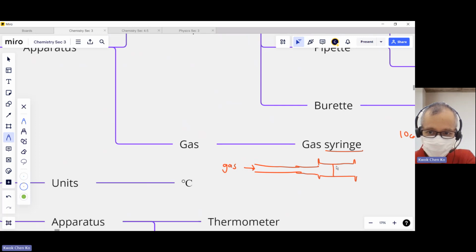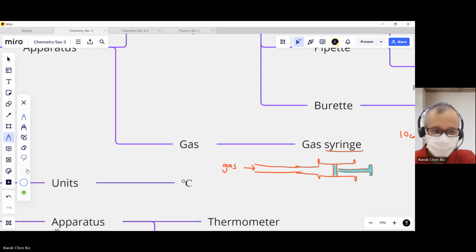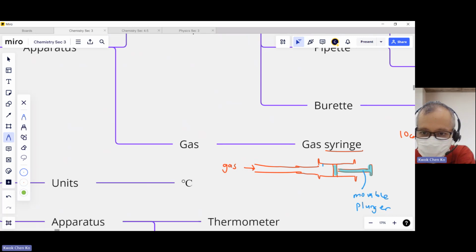And there's a plunger here. Now it's movable. So this is your movable plunger. Now, of course, there are markings here as well, along the wall of the syringe.